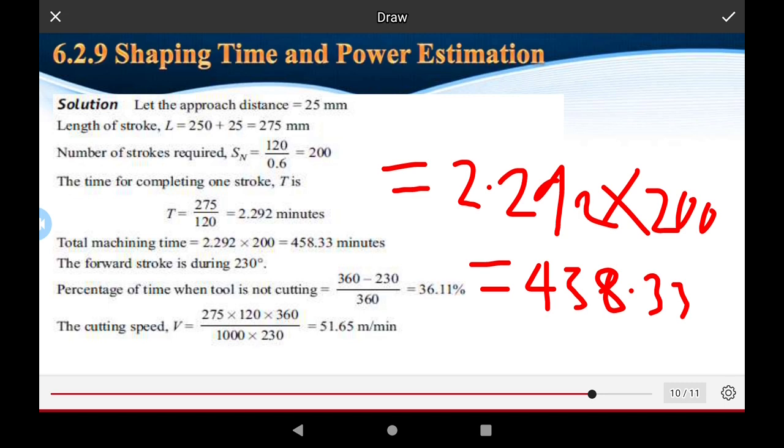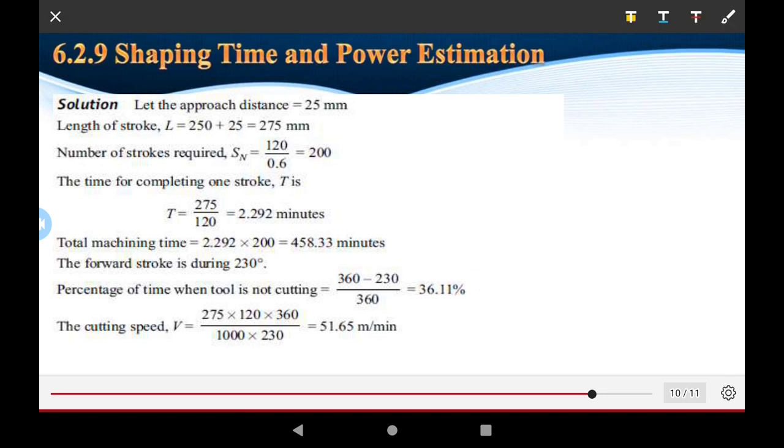The forward stroke is completed in 230 degrees. Okay, the percentage of the time the tool is not cutting.